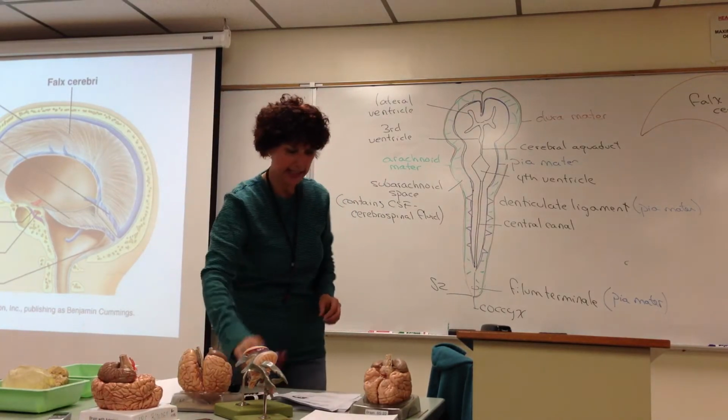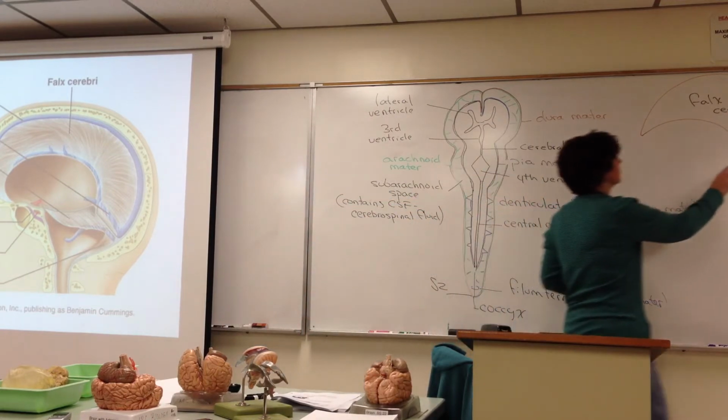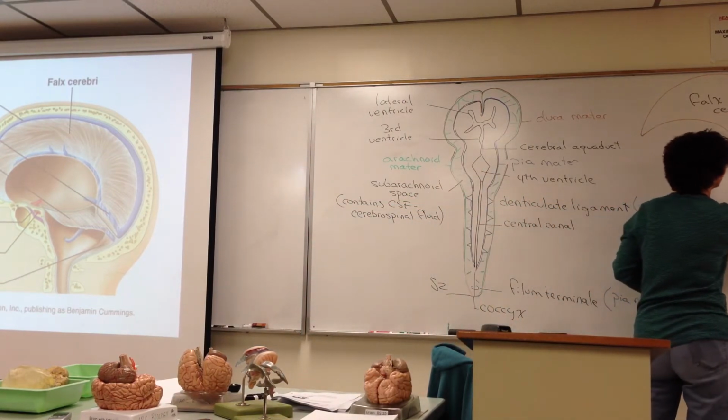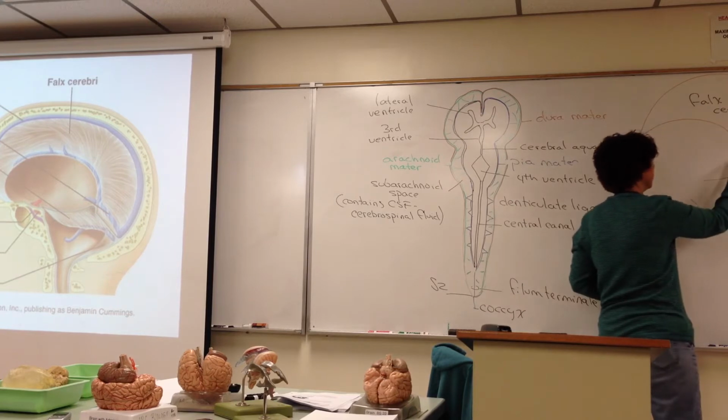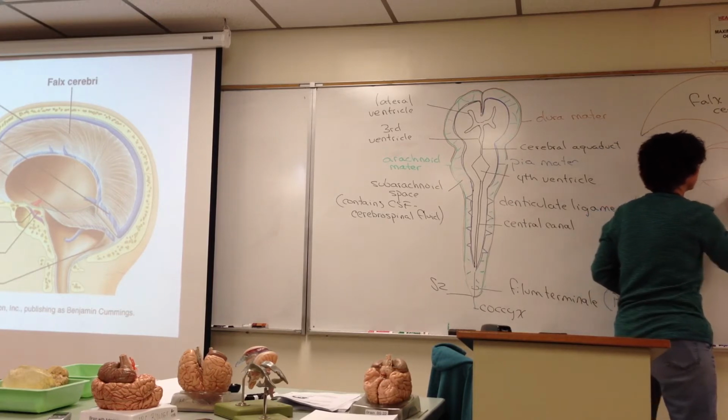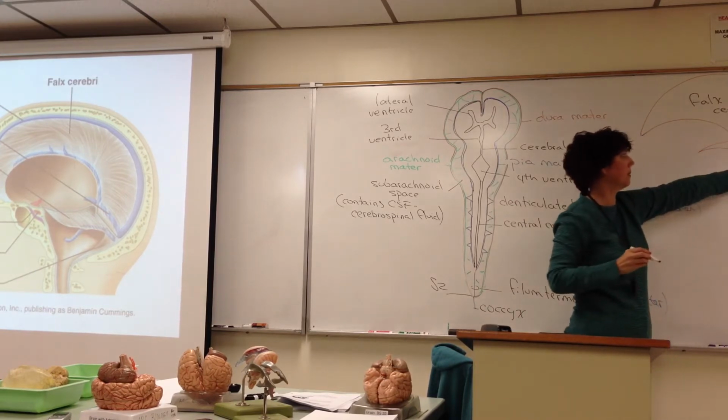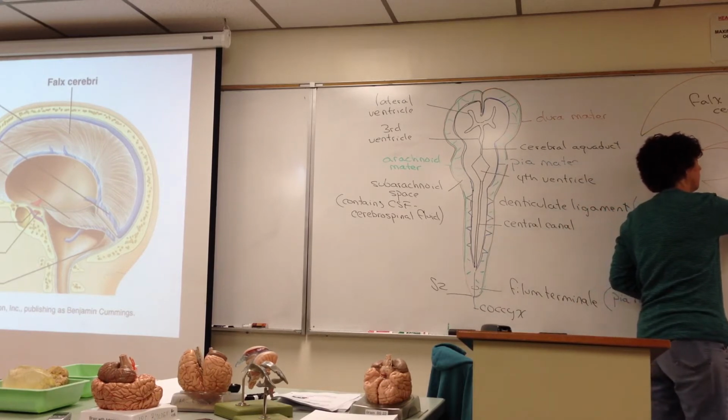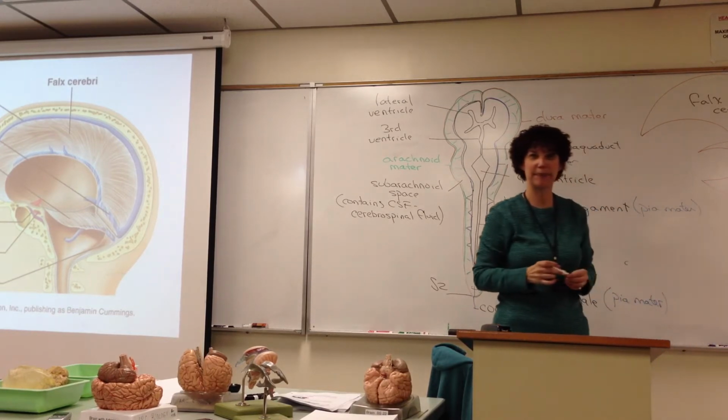So if I draw that tent-like structure, it curves around in this fashion. So up here would be the occipital lobe, and below it would be the cerebellum.